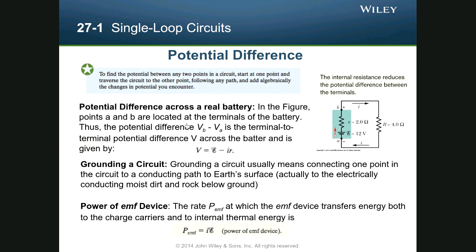Now, when you ground a circuit, you're getting a circuit like this, and you will connect it to ground.